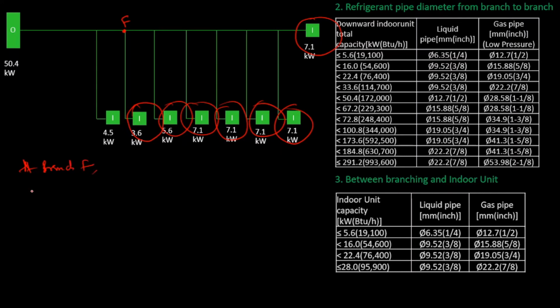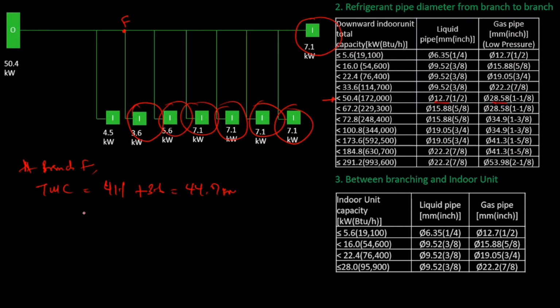the total indoor unit capacity is equal to the last one we got, 41.4, plus 3.6 now, and that will give us 44.7 kilowatts. And we know that 44.7 kilowatts is still between 33.6 and 50.4, so we're still choosing this and this.